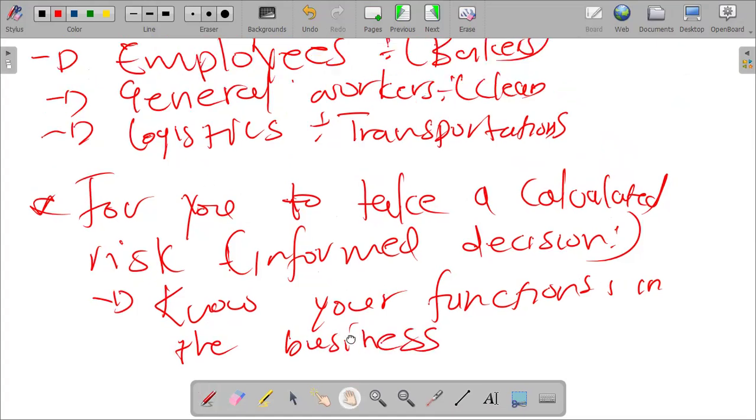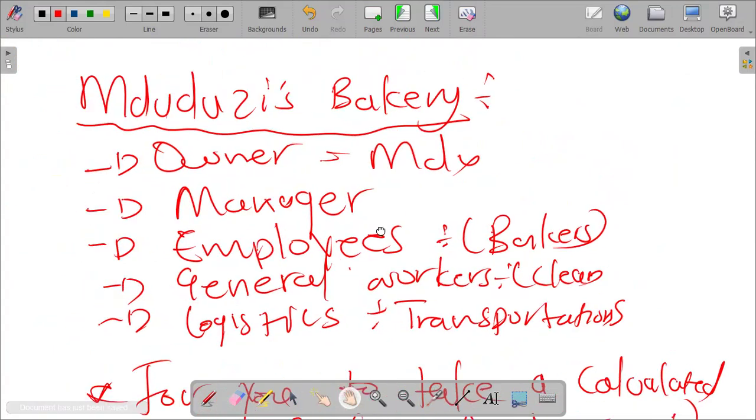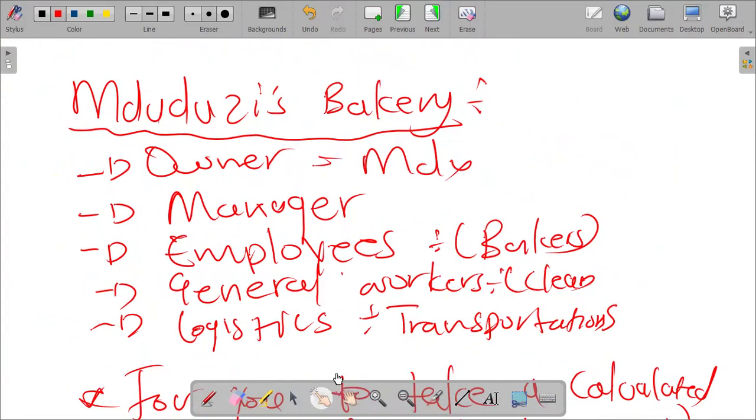So if you look at it in these terms, Mduduzi, as the owner of the bakery, needs to know what he needs to do. That's knowing the first function. The second function, he needs to know how the manager operates or treats the employees, whether the owner or the manager controls the funds.